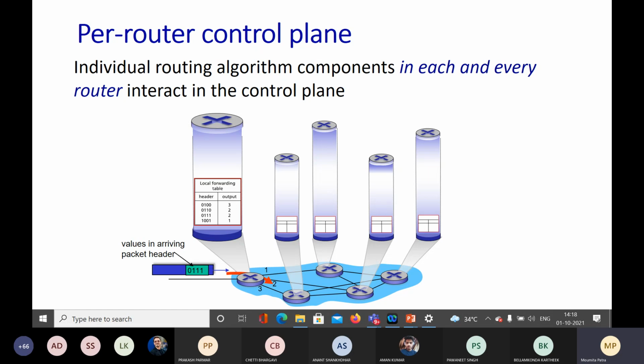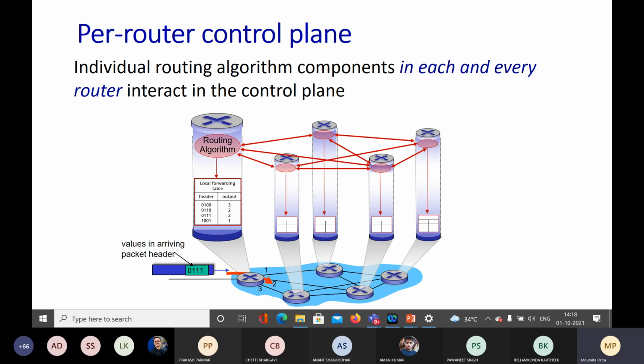Okay, so the control plane functionality would be just to find the path from the source to the destination. Alright, so that is done with the help of the corresponding routing algorithms, which are there as a functionality in each individual router.